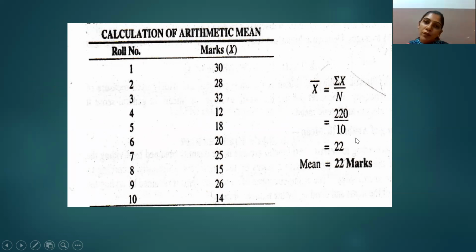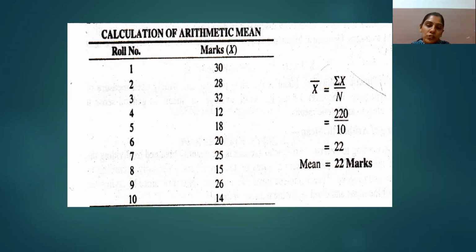If we compare the direct method and the shortcut method, the answer from both methods is the same. It's your choice which method you want to use to calculate the mean.